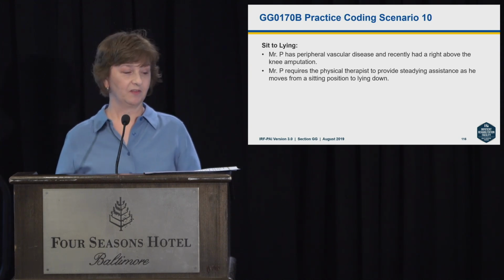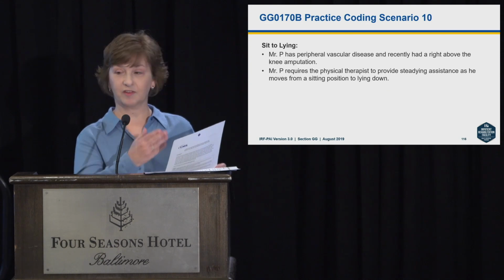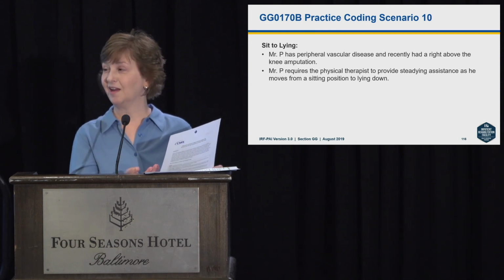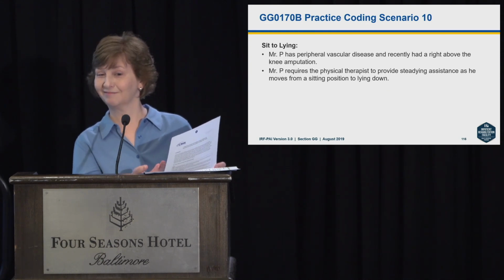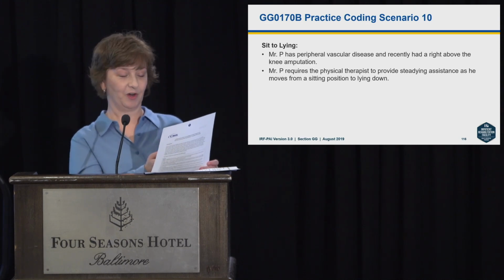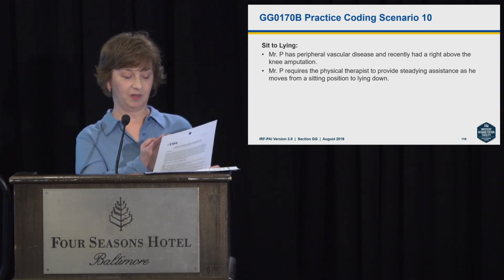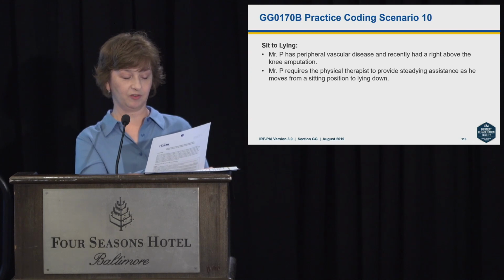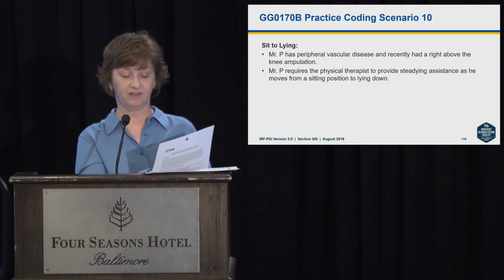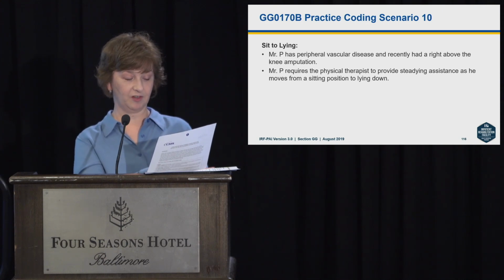So again, if we were going through the decision tree, does Mr. P need help? Yes or no? Yes. So he's not able to do it independently, so we go down on the decision tree. Does he require only setup, cleanup assistance? Okay, so we go down further in the decision tree.